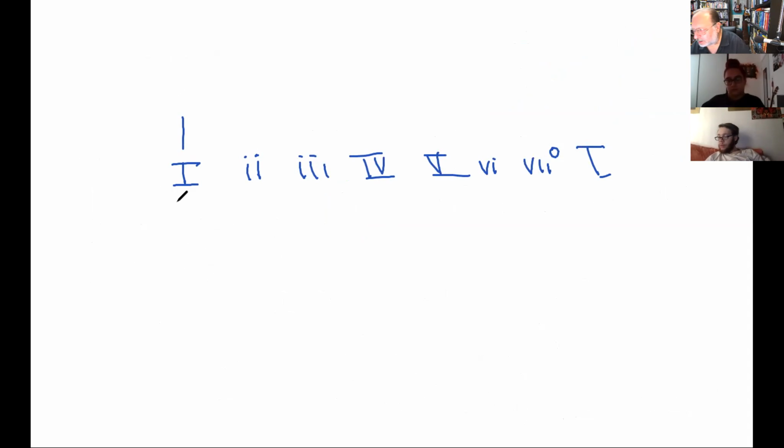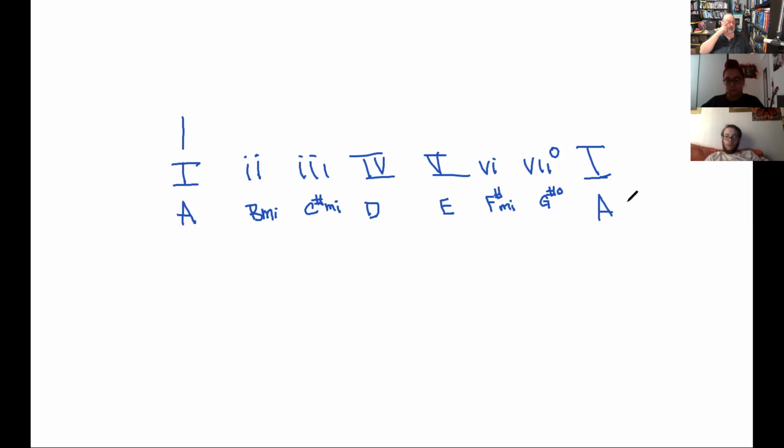Well, let's say A. So A, B minor, C sharp minor, D, E, F sharp minor, G sharp diminished, and then 1 again. Okay, so there's our chord scale for the key of A.